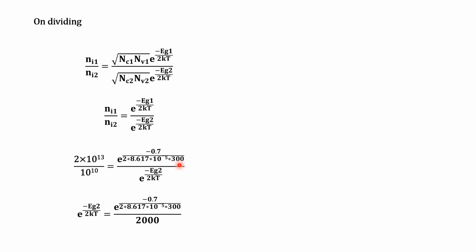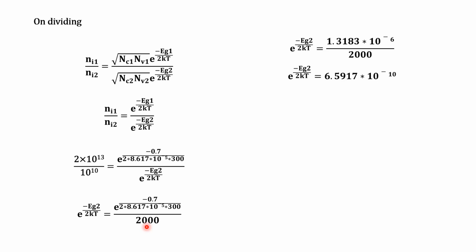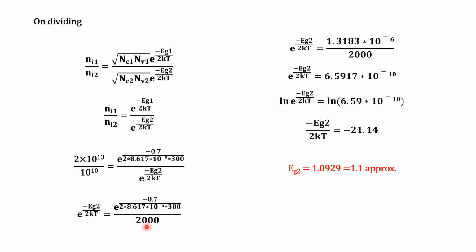So what happens? The left side becomes 2000, one particular value. Then we have to take ln on both sides. So minus Eg by 2 times Kb T becomes minus 21.14, which gives approximately 1.1 electron volt.